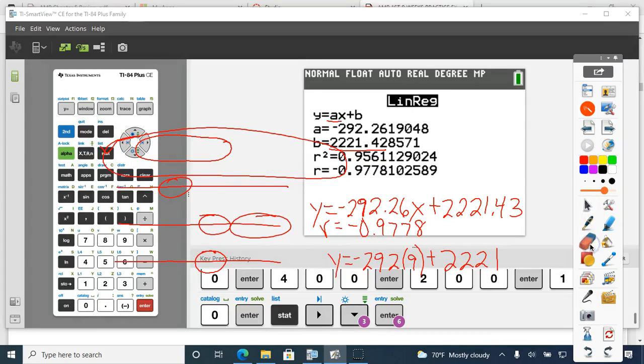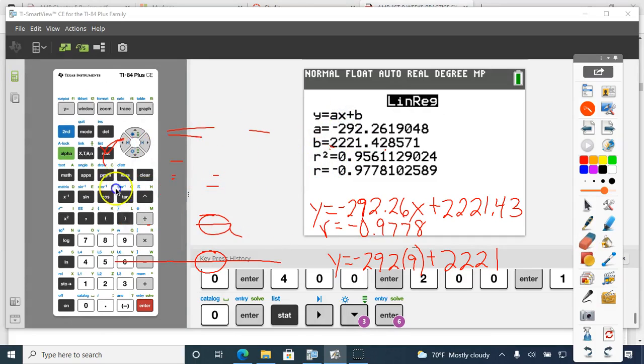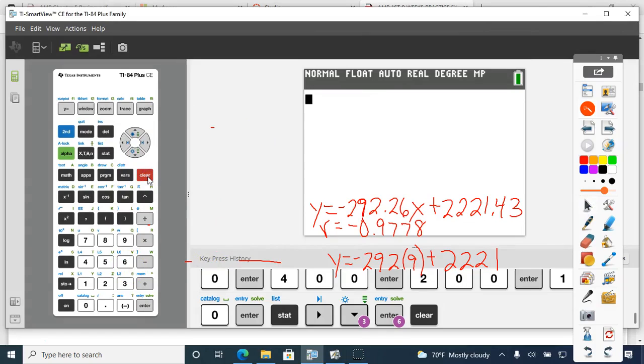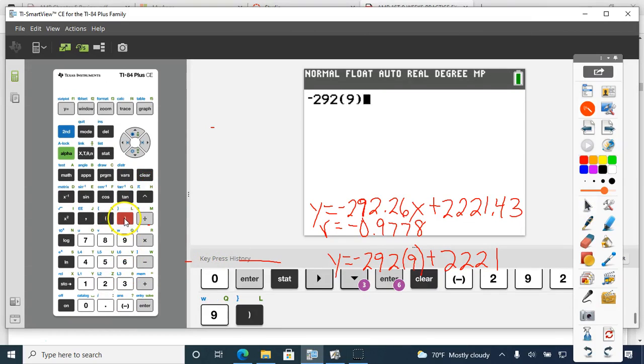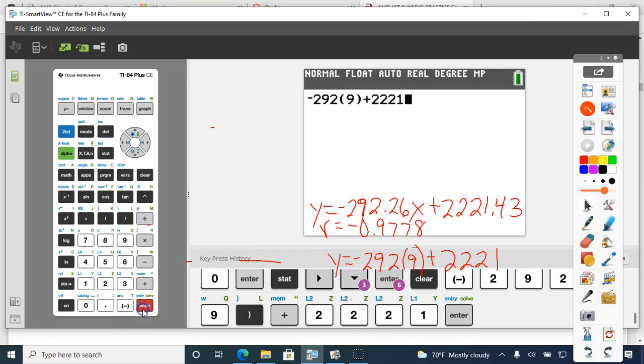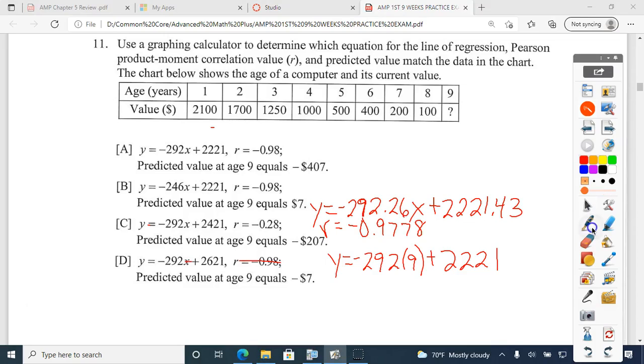Let me erase some of this so you can see the screen. Okay. So come over here. Clear. We're going to say negative 292 times 9 plus 2221. Negative 407 is correct. Okay, so it had to be A.